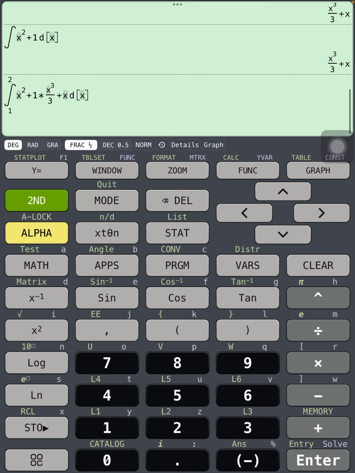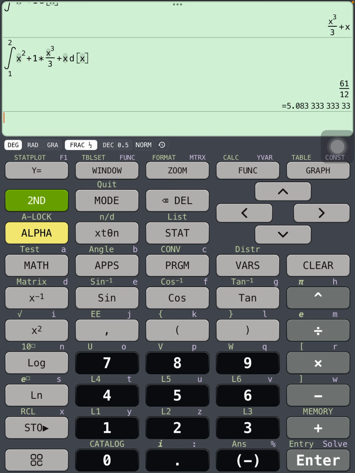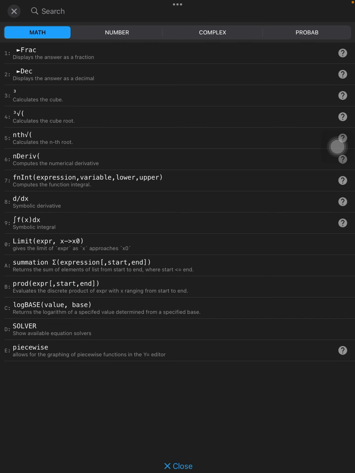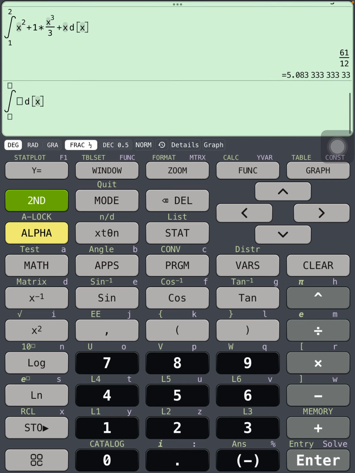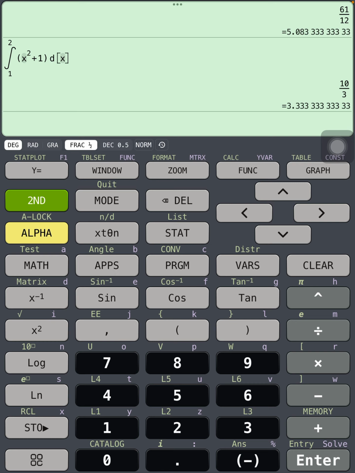Press enter, and it gives us the symbolic integral, and then also the definite integral, which is what we're really looking to get there. But let's make sure that we put that into parentheses. So from 1 to 2 of x squared plus 1, in parentheses, dx, press enter, and that's better, 10/3.